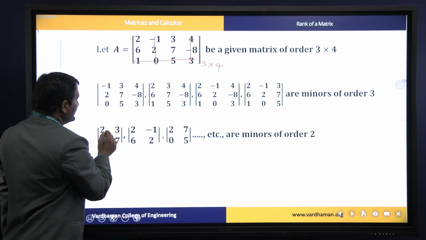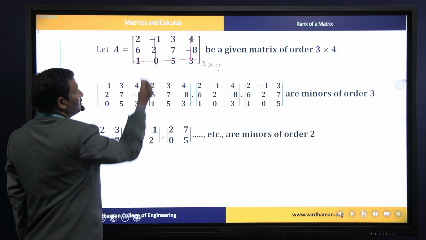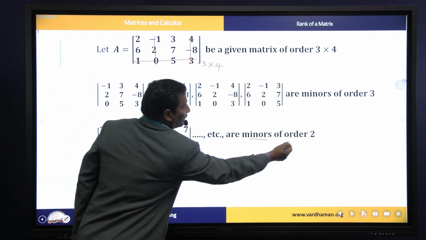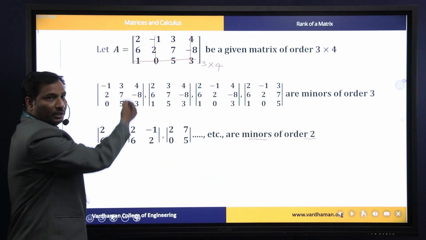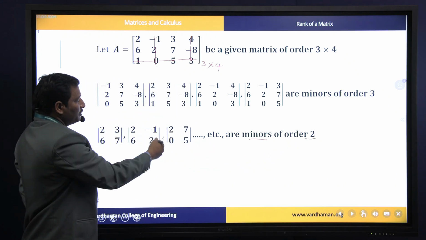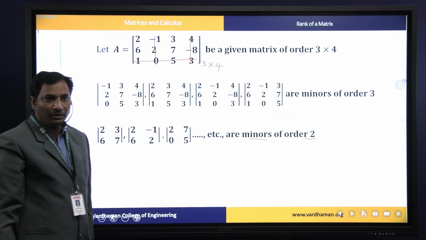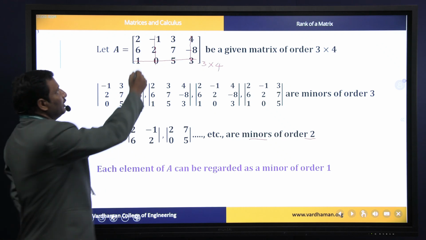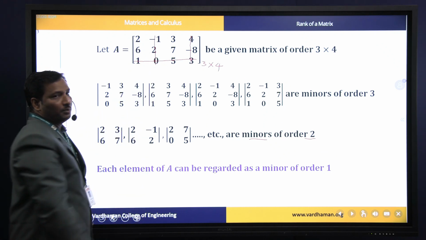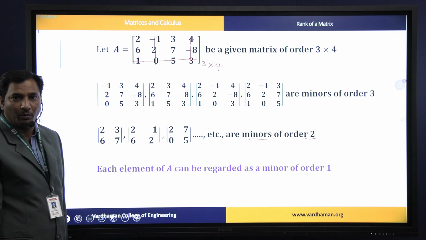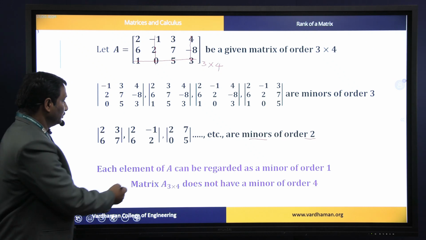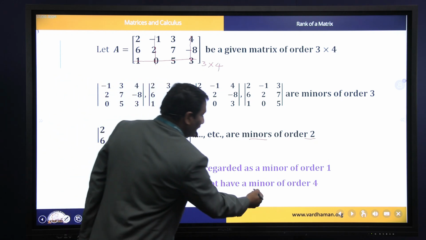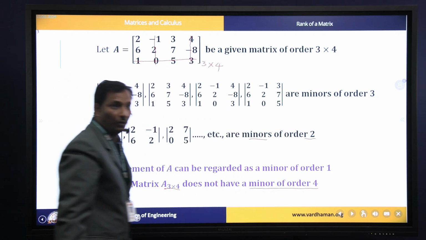We'll get the elements 2, 3, 6, 7. It is a submatrix of order 2, and its determinant is a minor of order 2. Similarly, by eliminating the remaining columns and rows, we'll get the other minors of order 2. Each element in the given matrix can be considered a minor of order 1. And a matrix of order 3 by 4 cannot have a minor of order 4.